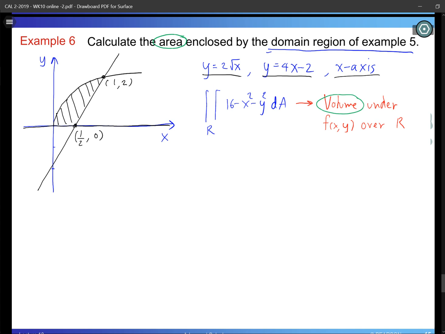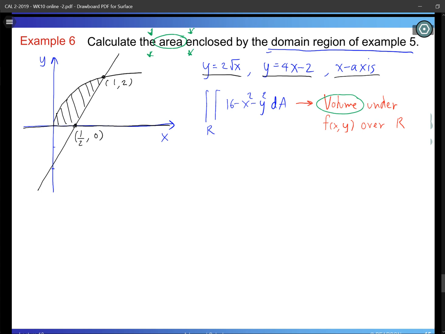Volume of an object, an area of a region. So you might ask, when it comes to area, isn't it supposed to be associated with single integration? Something that we learned in Cal 1. In Cal 1 we learned that definite integral is the area under the graph.